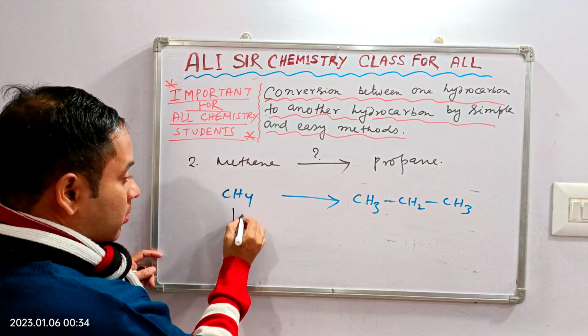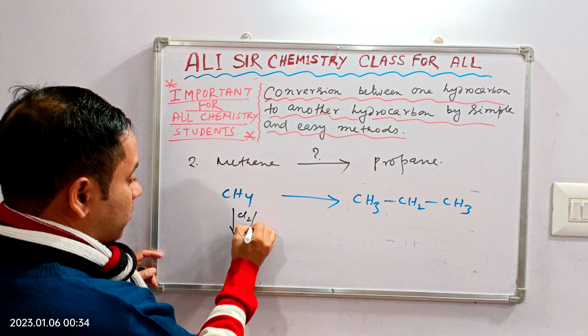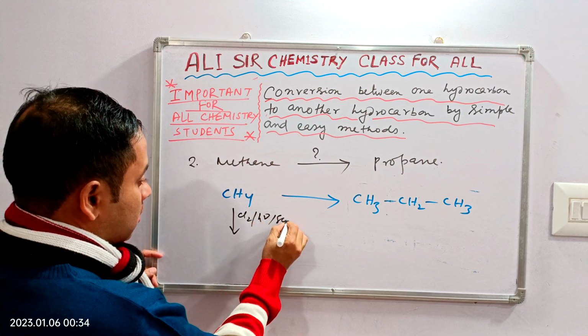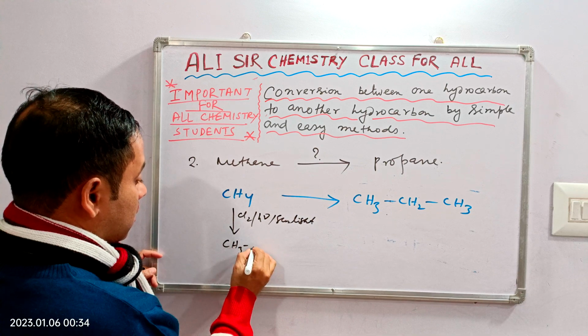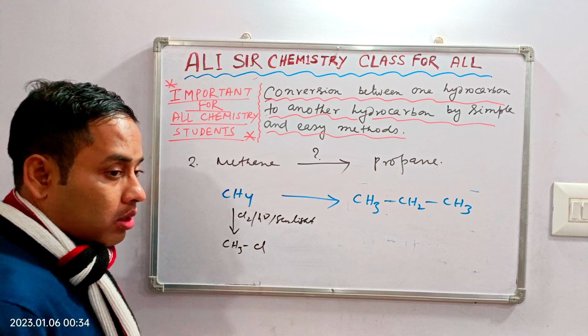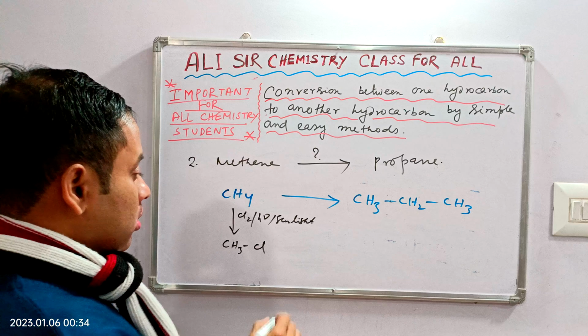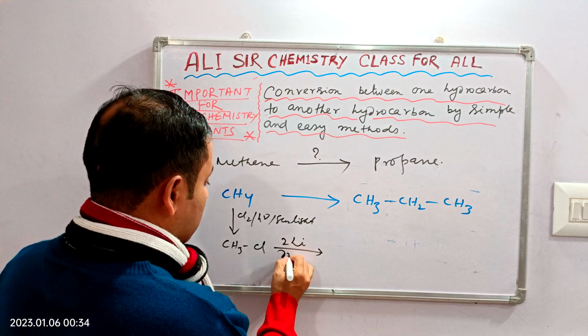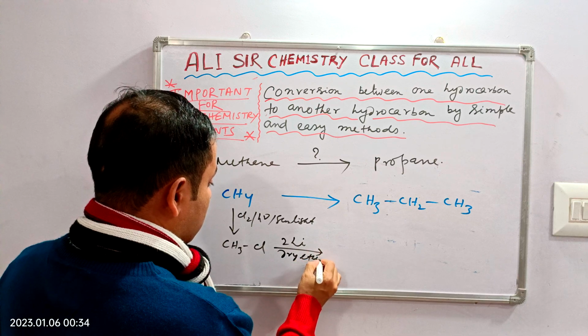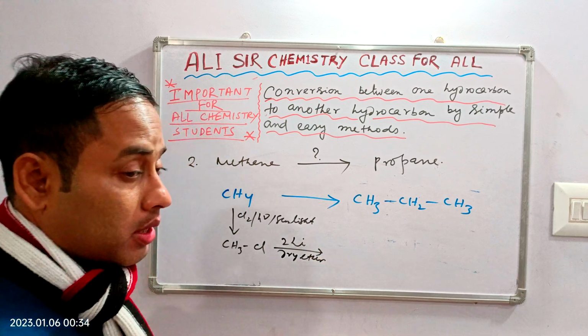The first step is the same: chlorine in presence of hν or sunlight, we get CH3Cl. Then use 2Li in dry ether. It is also an organometallic reagent.